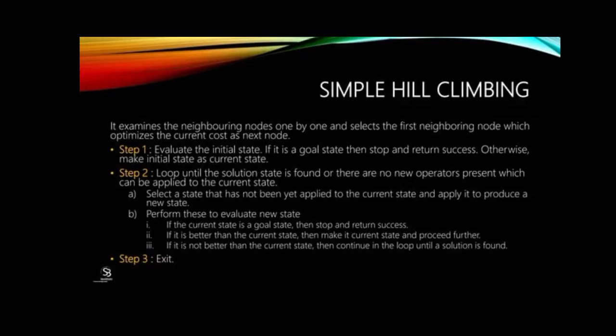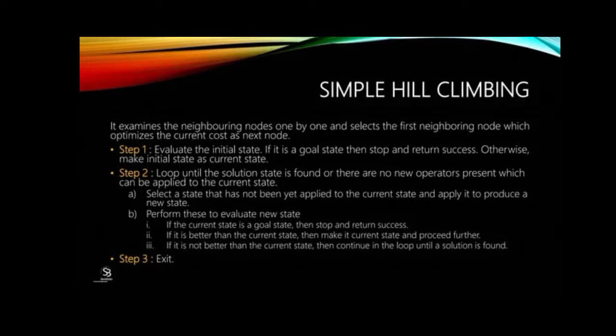Step 2: loop until a solution is found, or there are no new operators left which can be applied to the current state. Select an operator that has not yet been applied to the current state and apply it to produce a new state. Evaluate the new state.